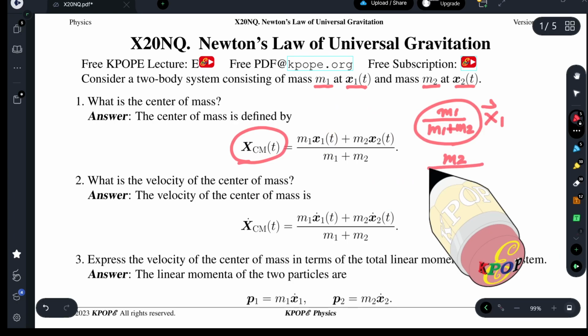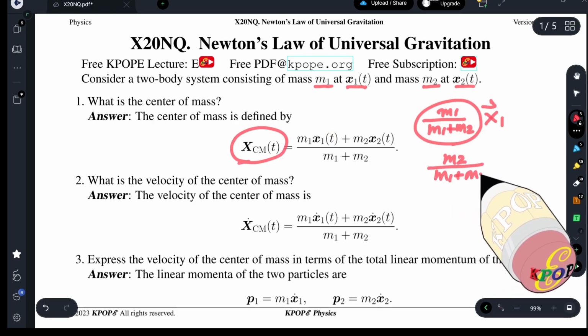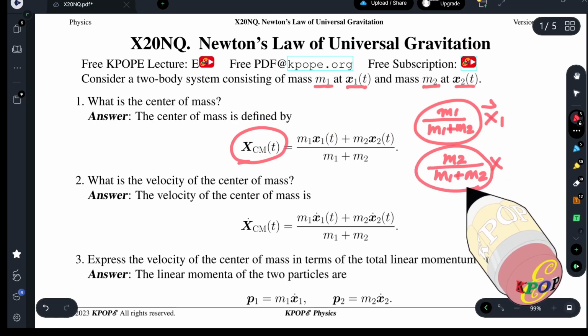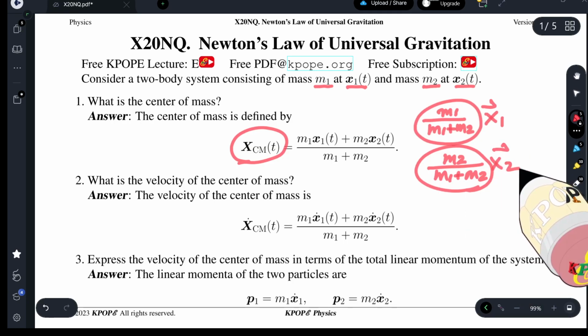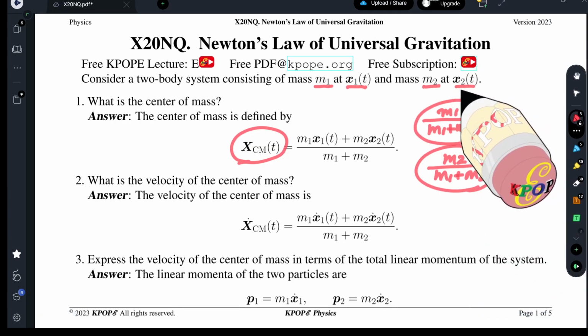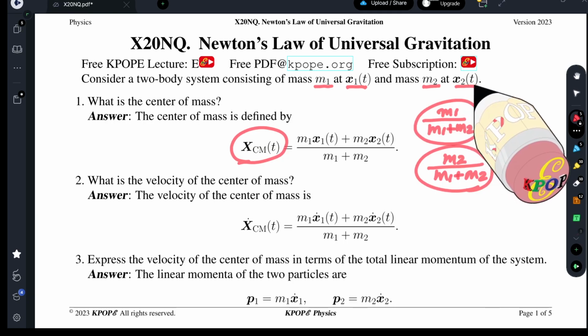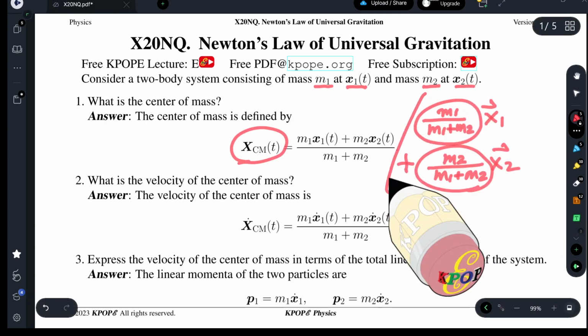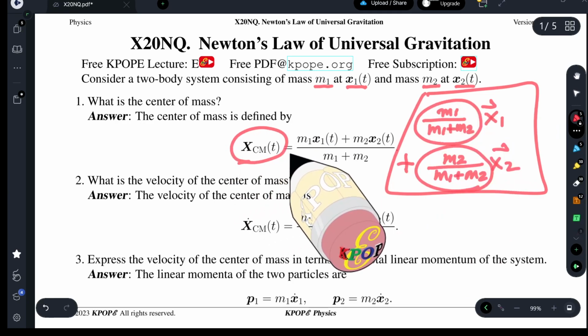M2 divided by M1 plus M2 is the weighting factor multiplied to x2, the position vector of M2. We add them up to find the center of mass.